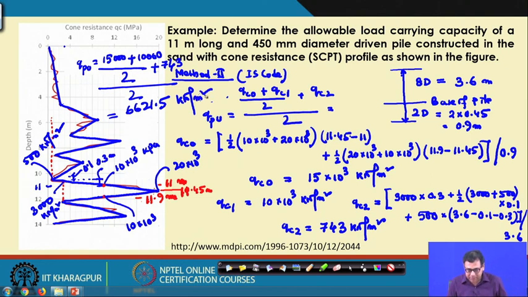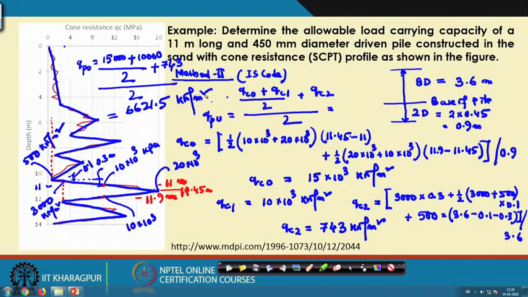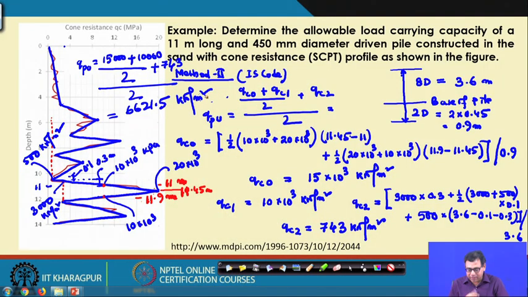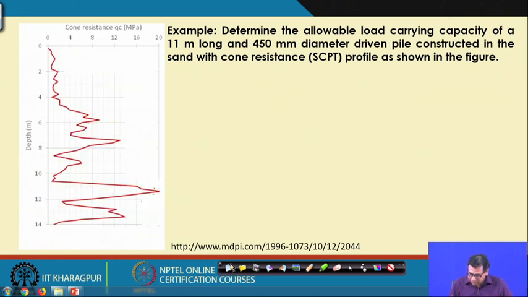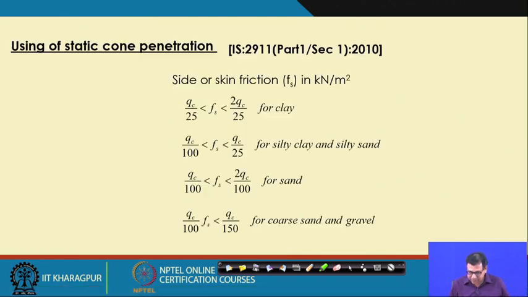This is a similar kind of value to what we got from the first method. Once you get QPU, you multiply it with the base area and you will get the force, that is the tip resistance in terms of the force or the load.